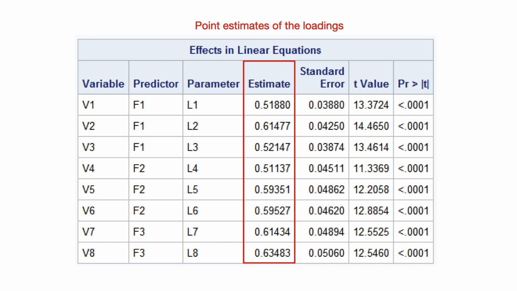The point estimate for L5 or lambda 5 is 0.59351. The point estimate for L6 is 0.59527. The point estimate for L7 is 0.61434. And finally, the point estimate for L8 is 0.63483.